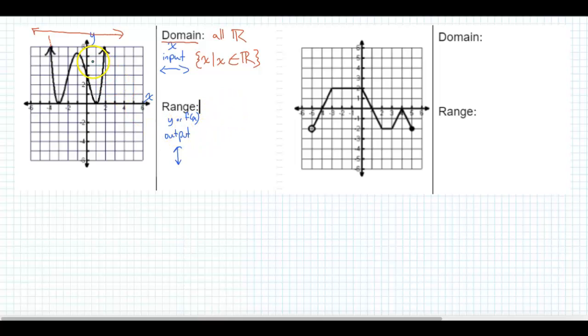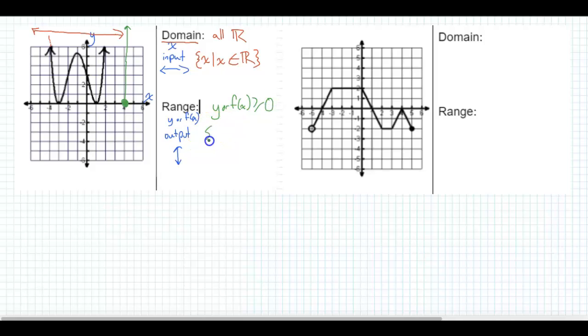Okay. Output. Look down here. You can see that you've got this value right at the x-axis, but there's nothing below it. There are no negatives. And then you can see it's just going to keep going forever, right? So we can say y, or f of x, is greater than or equal to 0.